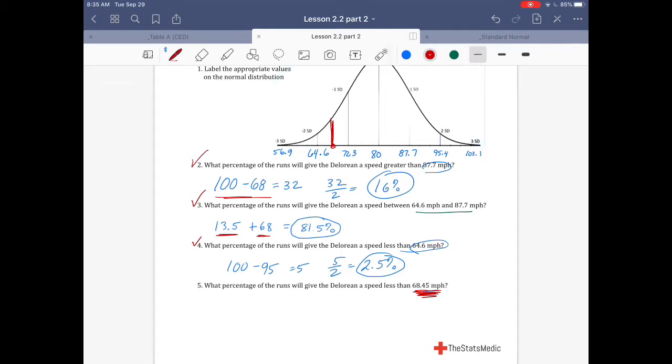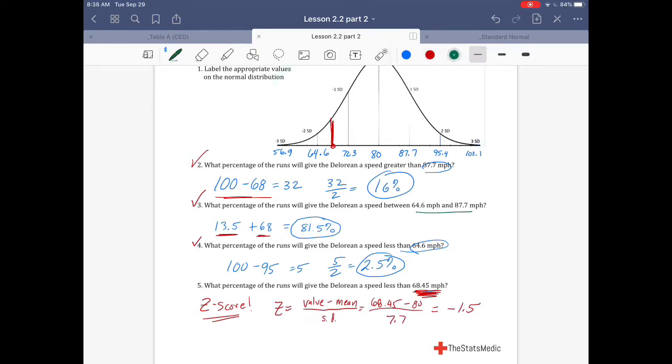So exactly how many standard deviations below the mean is 68.45? Well, that's where we have to compute a z-score. So why don't you pause the video and compute the z-score for 68.45, and then we're going to go from there. Hopefully you got that z is equal to negative 1.5.